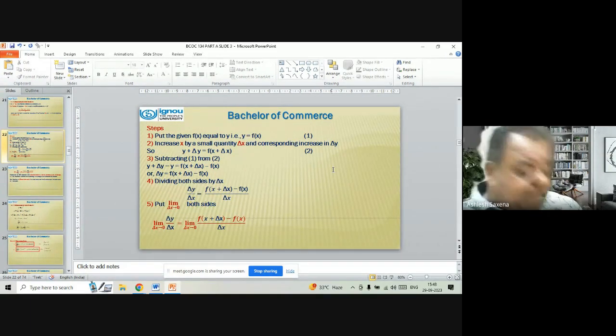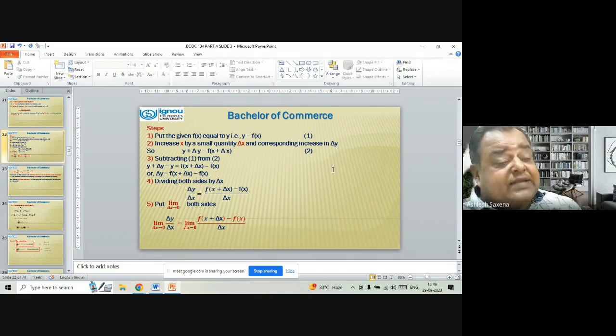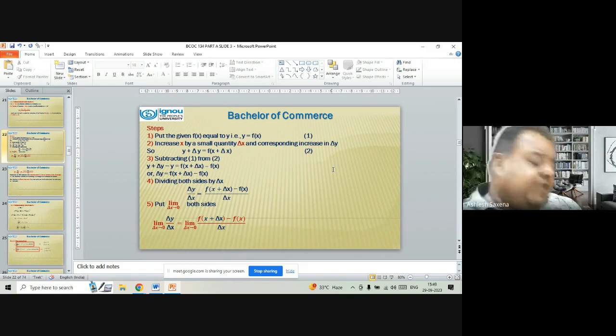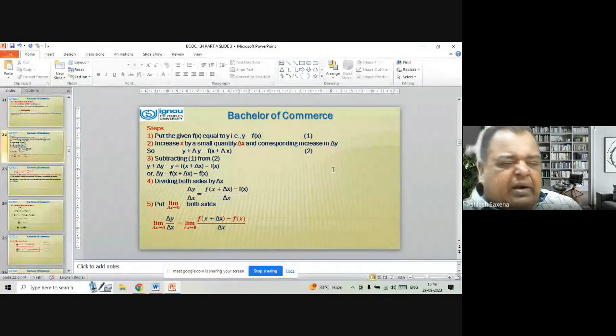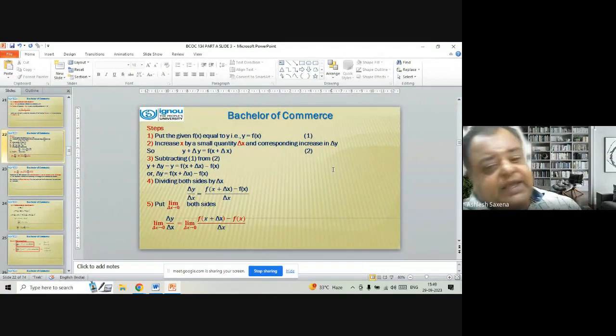Lastly, we will be applying the limit delta x tends to 0 in step number 4. So on the left hand side we will be getting limit delta x tends to 0 of delta y / delta x, equal to limit delta x tends to 0 of [f(x + delta x) - f(x)] / delta x. That means this is the actual derivative of the function f(x) at (a, b).